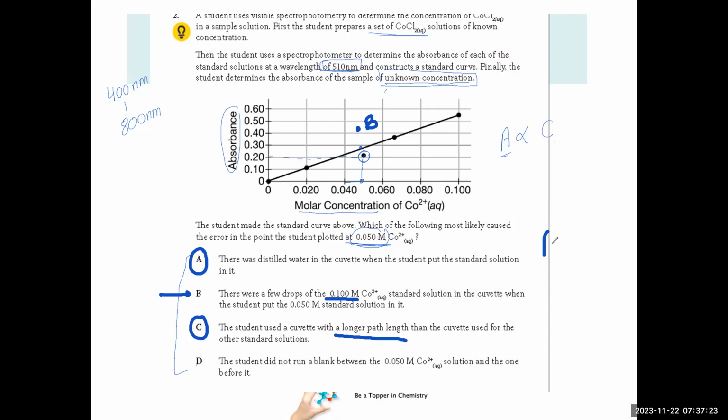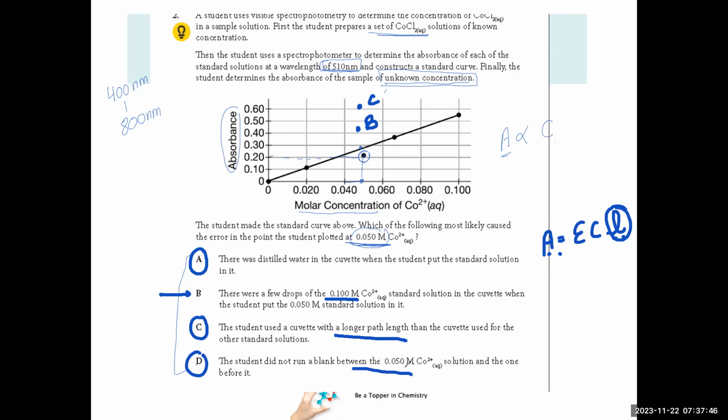For the C error, you are taking a longer path length. You know the equation A equals epsilon C L. If L is more, what happens to absorbance? More. So again, it will go up. For C, also higher absorbance. D, you didn't run the blank.